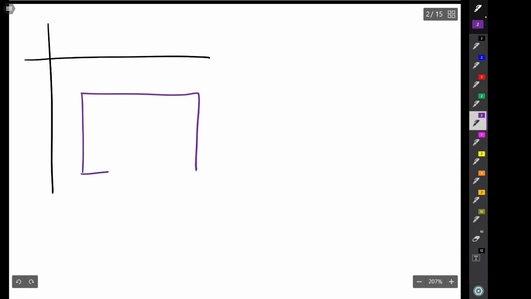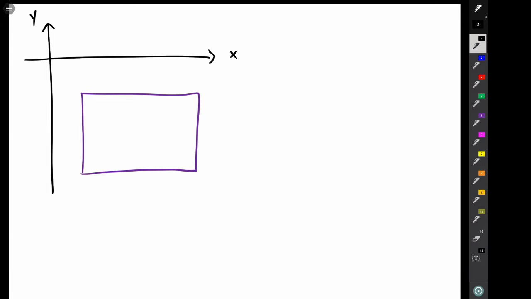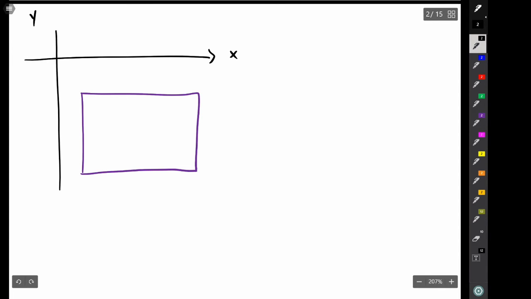It can be any shape, as we'll talk about. And let's say it's submerged in some fluid here. I'm going to call this X and this Y here.